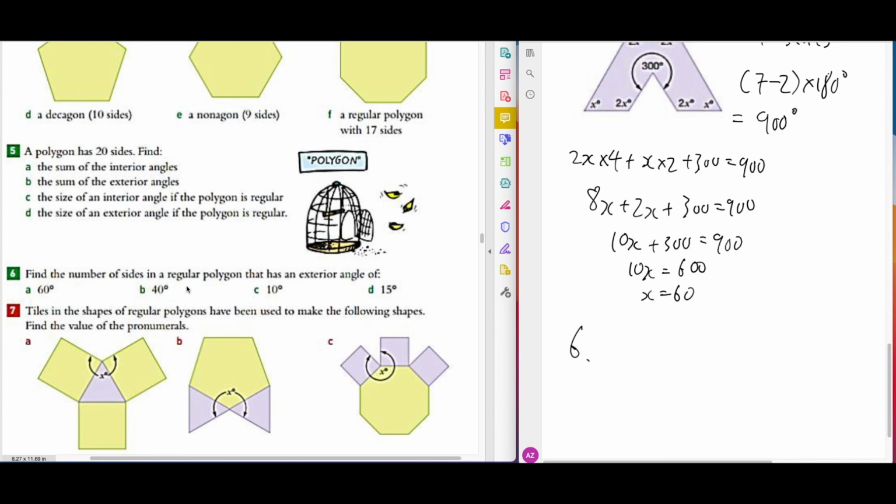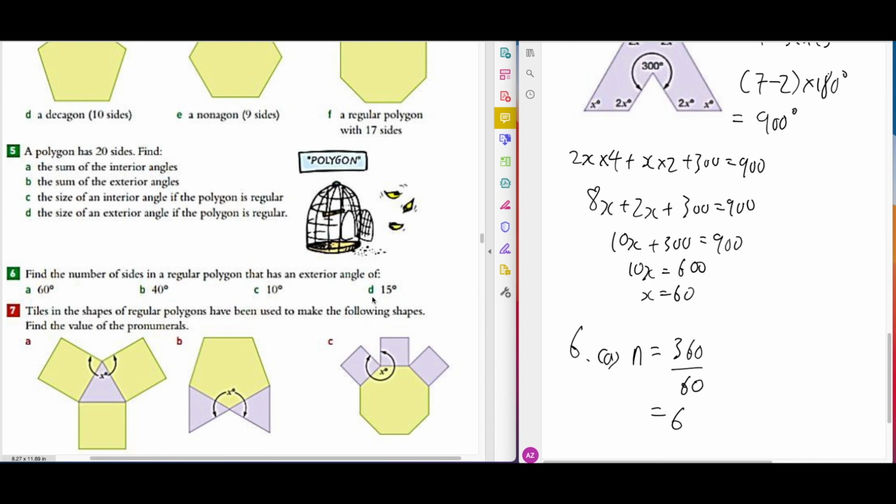Find the number of sides in a regular polygon that has an exterior angle of 60 degrees. So remember, to work out how many sides a shape has, you just do 360 degrees divided by the angle size. So if the exterior angle is 60 degrees, then the number of sides is what? 6. So that's how you do 6a.